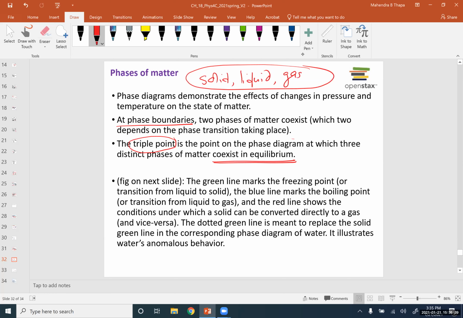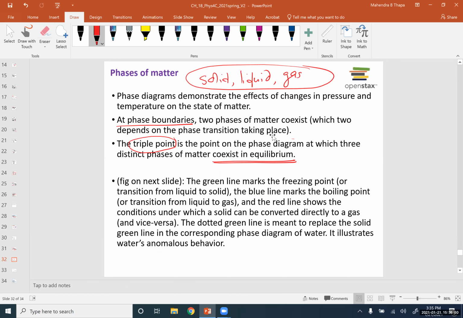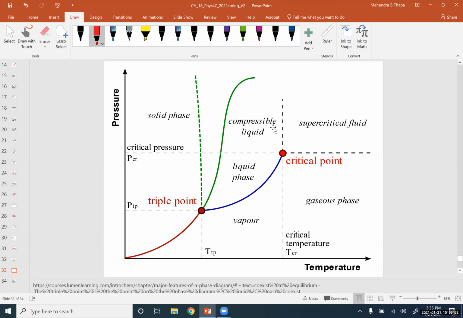Then let's see the plot that we have seen before. Here we have the phase boundaries. This is the phase boundary for liquid and vapor.